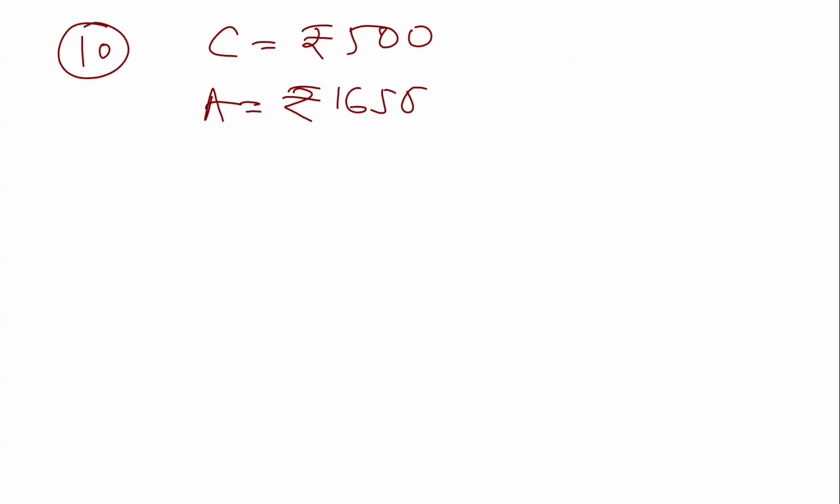We'll keep it as it is, (11/10)^(n-1). Okay, I think I've made a calculation error. Yeah, this is 500. I've written my mistake, 100. Excuse me for that.